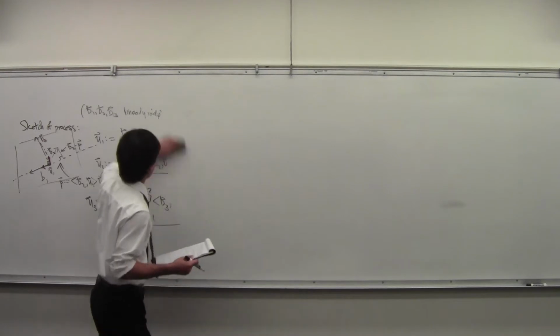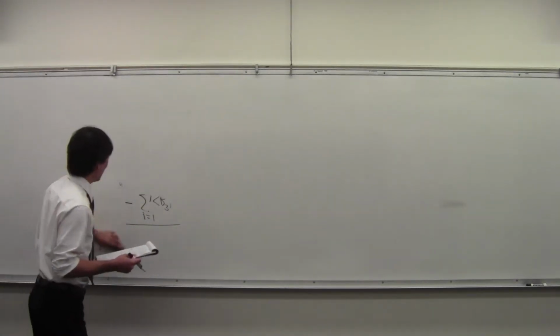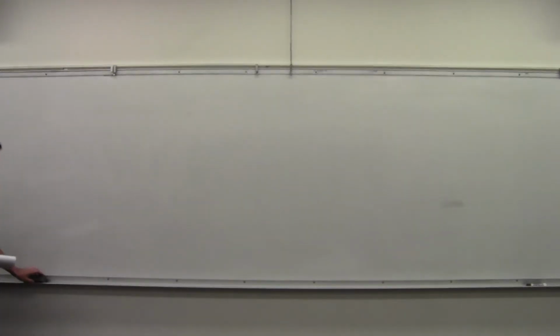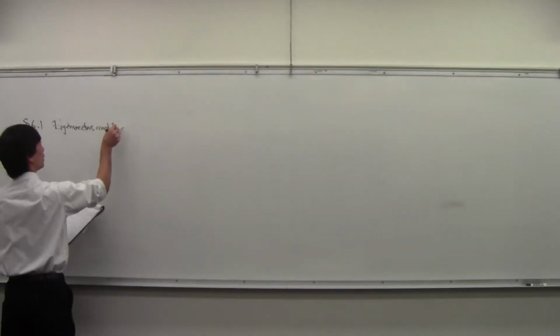Okay, so there's a couple more sections in this chapter, but I'm going to skip them because I do want to get to this great application at the end. I'm hoping to. So let's go on into chapter 6, 6.1, eigenvectors and eigenvalues.